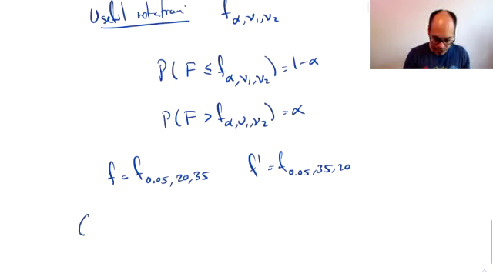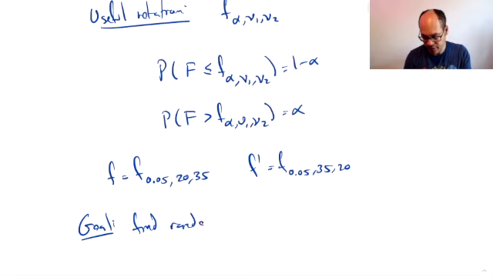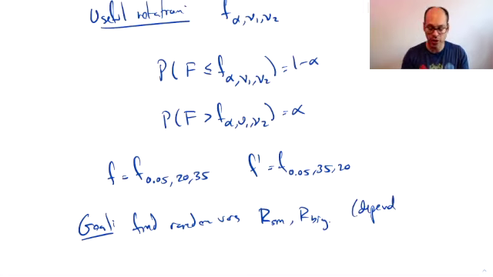So our goal, or strategy, if you will, is to find random variables, let's call them R small and R big, which are going to depend on what we read in our sample.